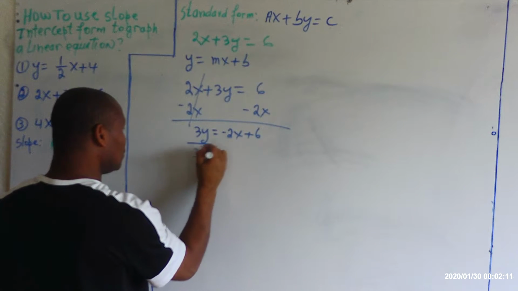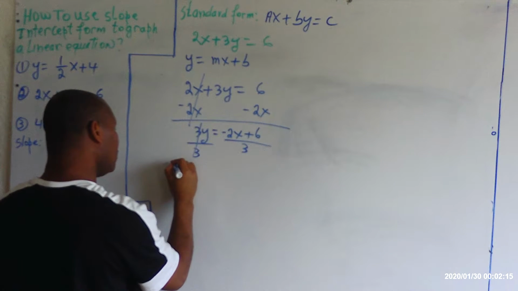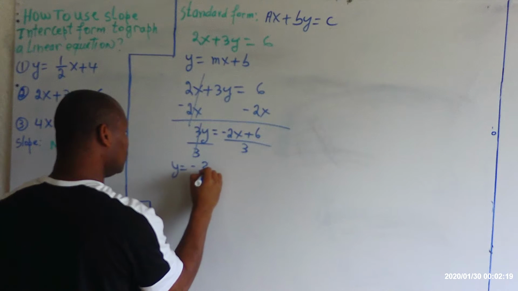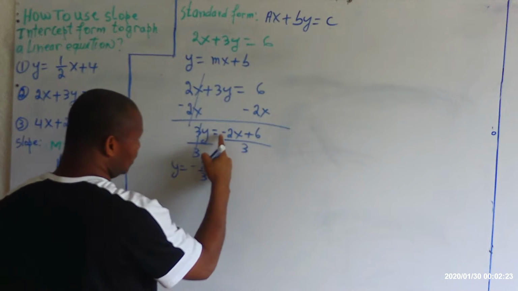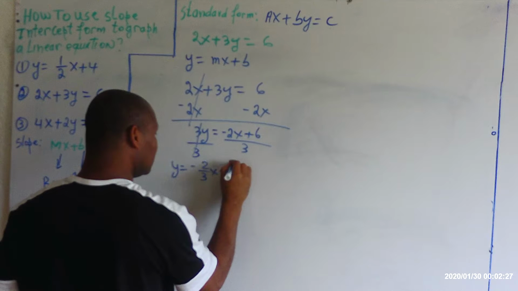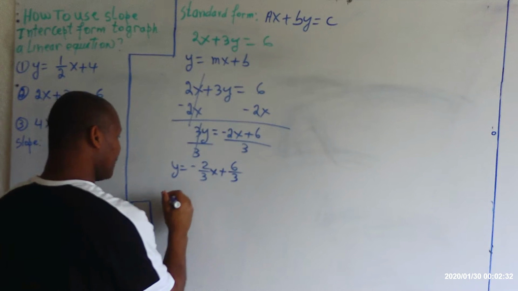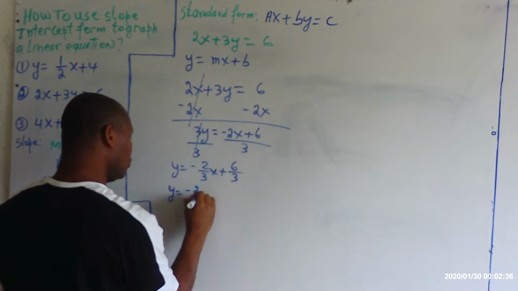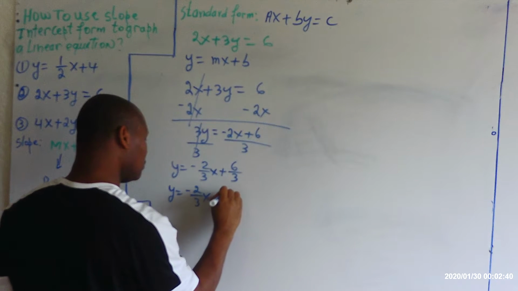Divide by 3. So that's going to be negative 2 thirds x plus 6 over 3. So I can simplify. That's going to be y equals negative 2 over 3 x, and 6 divided by 3 is 2.